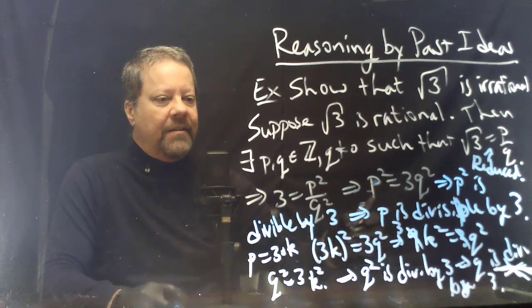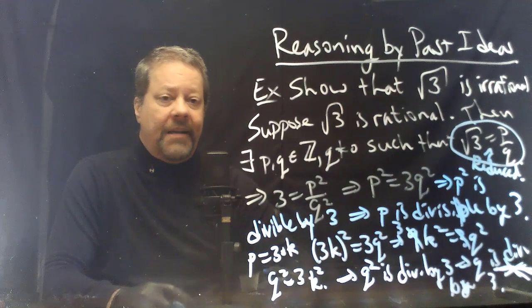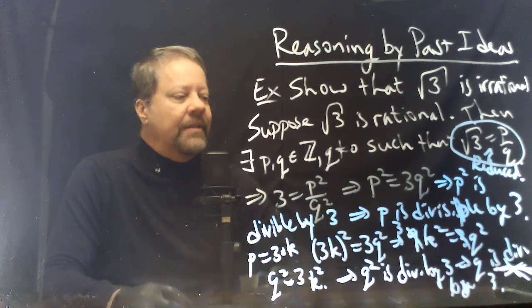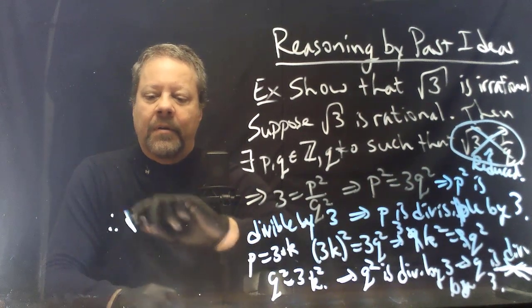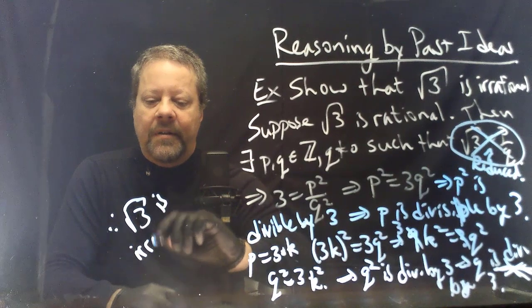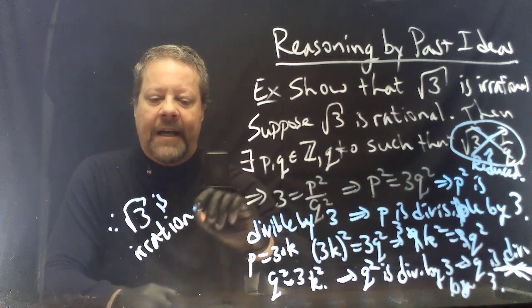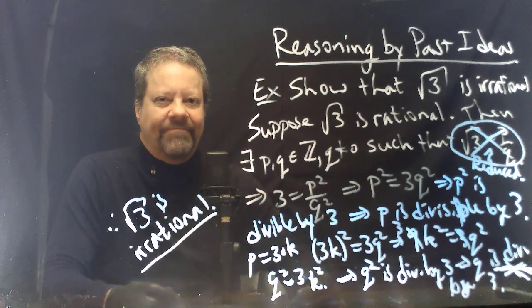And in particular, the assumption that square root of 3 could be expressed as a ratio between two integers is the problem. And we deduce then, therefore, root 3 is irrational. It cannot be expressed as the ratio of two integers.